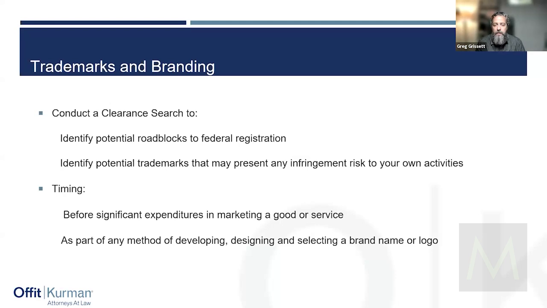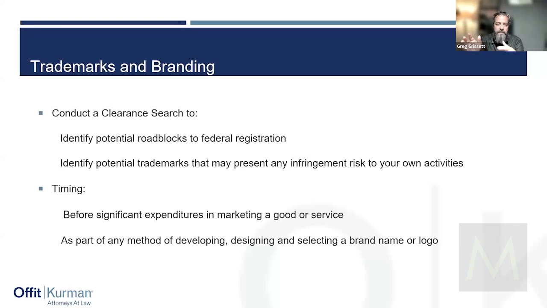A couple of things to do from a trademark perspective is consider a clearance search when you're coming up with your trademark. A clearance search does two things. It helps you understand if your word, phrase, or logo is going to step on somebody else's territory, just to know that ahead of time. But it also gives you a sense of how registerable that trademark could be.